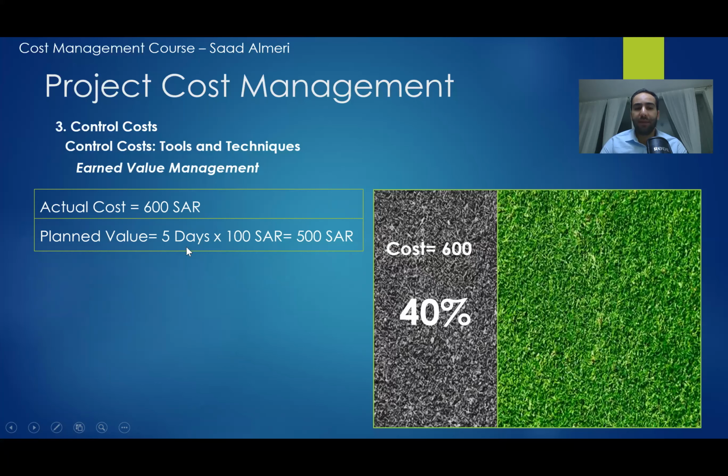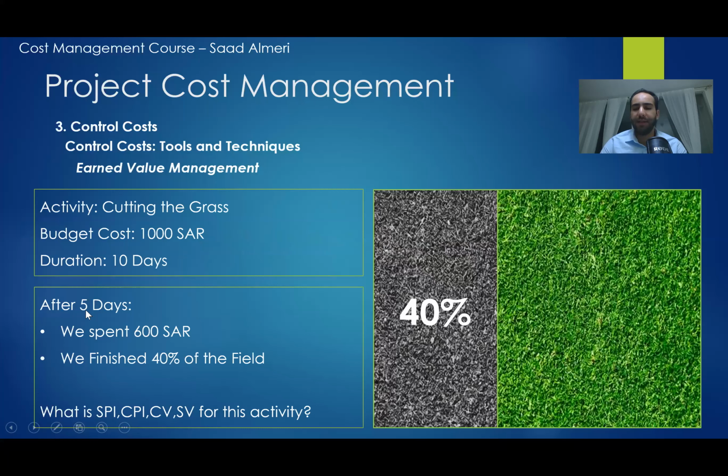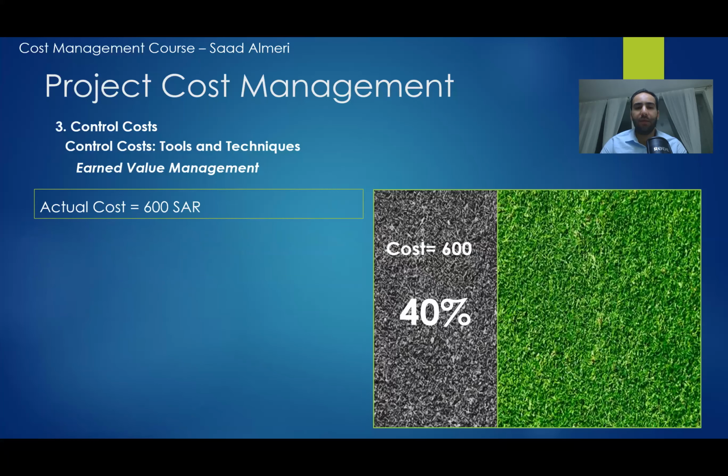So after 5 days, we have a planned value of 500 Saudi Riyal. So the actual cost and the planned value are from the inputs in the data that we have.